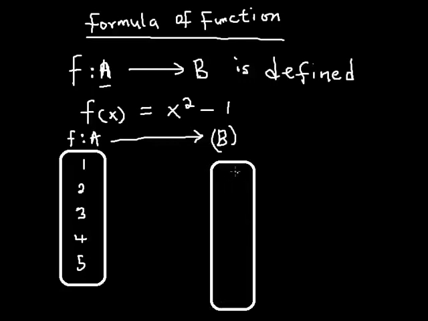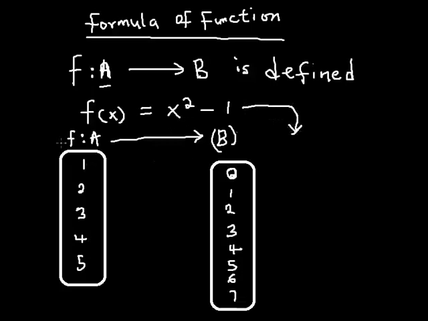Let me just go by 0, 1, 2, 3, 4, 5, 6, 7, just any numbers. So now let's actually map. So how do I map? My rule of mapping is going to be based on this formula.